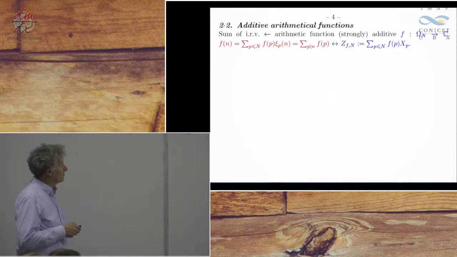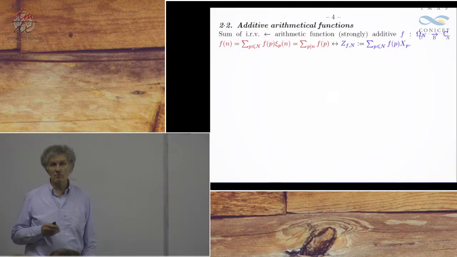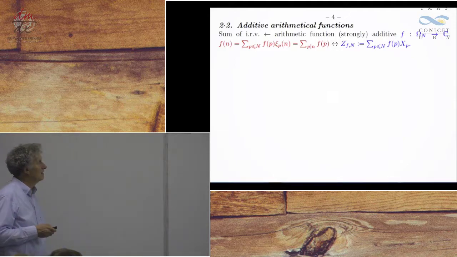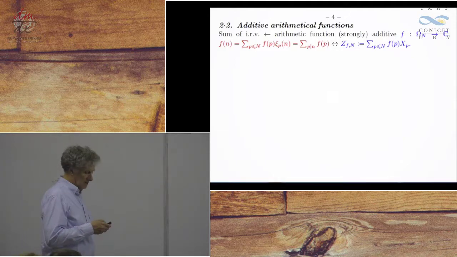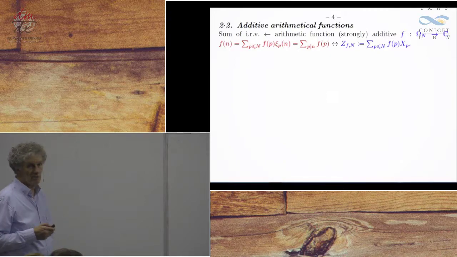And this arithmetical object is modeled by this sum of independent random variables on a real probability space, these xp's, exactly as described, these independent Bernoulli variables. So here we have the arithmetical situation in red and the model in blue.